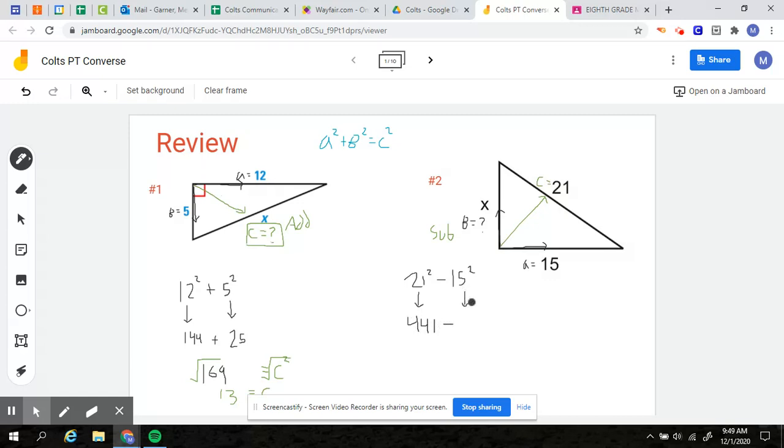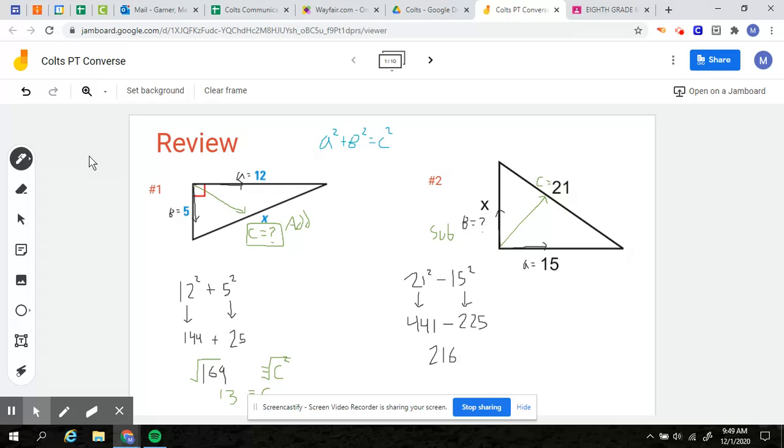So 15 times 15 gives you 225. Just a reminder, because we were given the hypotenuse and we're solving for the leg, we're going to subtract. So all the steps are the same, except you're going to subtract. So 441 minus 225, that equals 216.